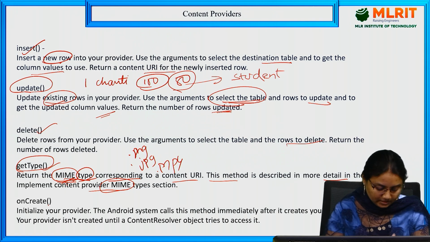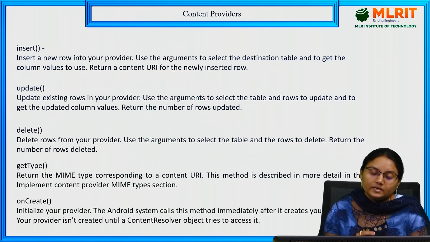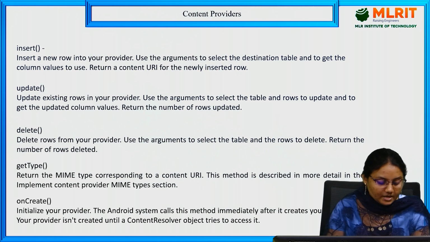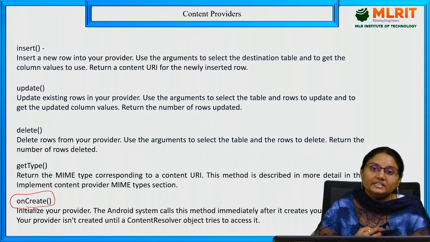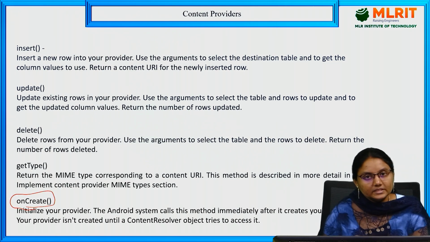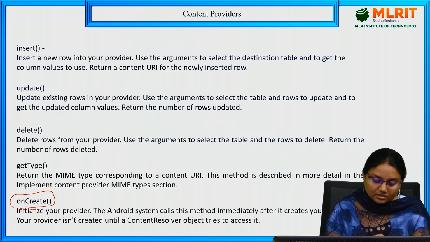Next, onCreate. We all know insert, update, delete are used to modify the database or the structured data by using a content provider. GetType is to know the type, and onCreate is used to initialize the provider. You are creating something; there is no existing data. That's initializing your provider.